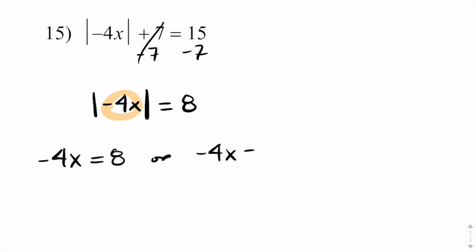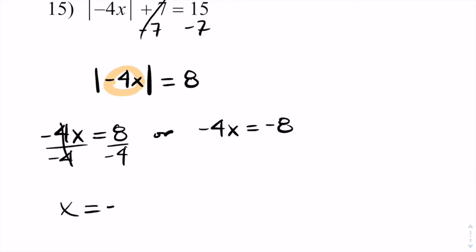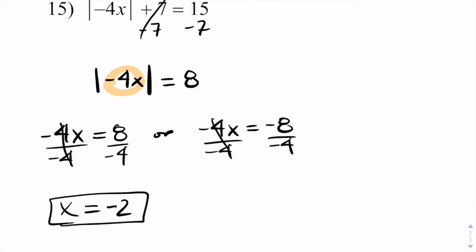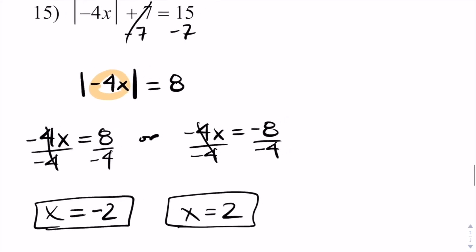And we get negative 4x and equal it to negative 8. Inverse operation dictates that we divide by negative 4, and x is equal to negative 2. And over here, dividing both sides by negative 4, x equals positive 2. So those are your two solutions.